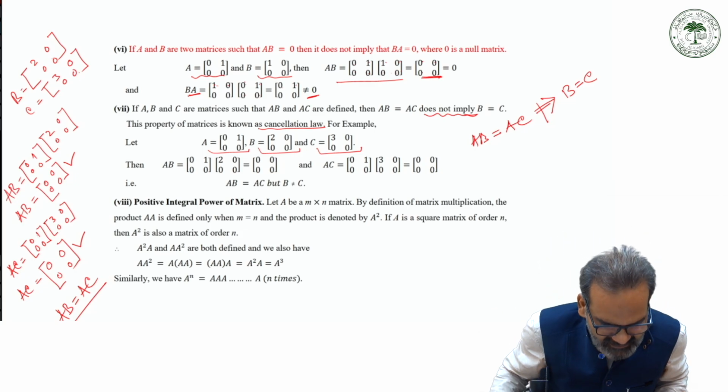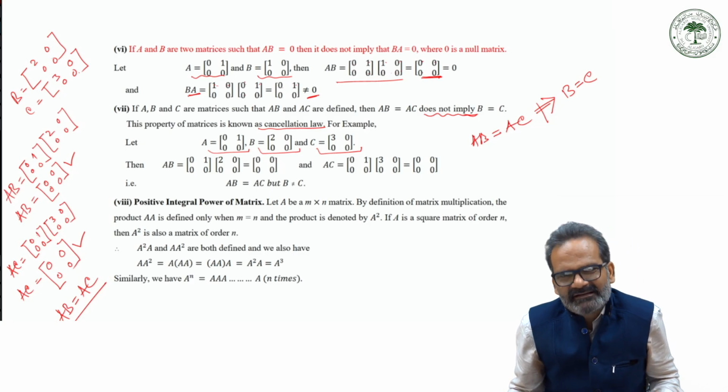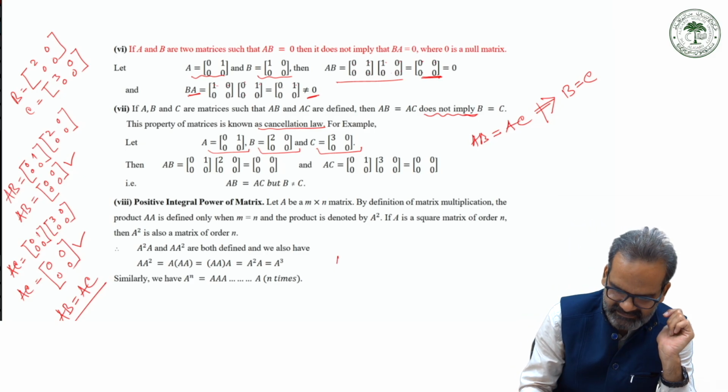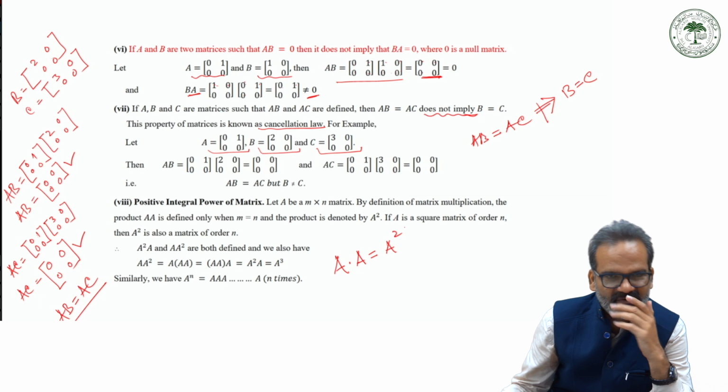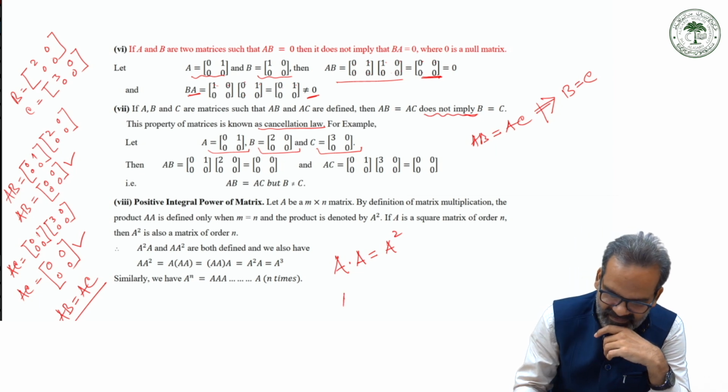And finally, we can also see the positive integral power of a matrix. What does it mean? If A is multiplied with itself, we will get A square. The integral power of A is 2. Likewise, A square multiplied with A gives A cube.